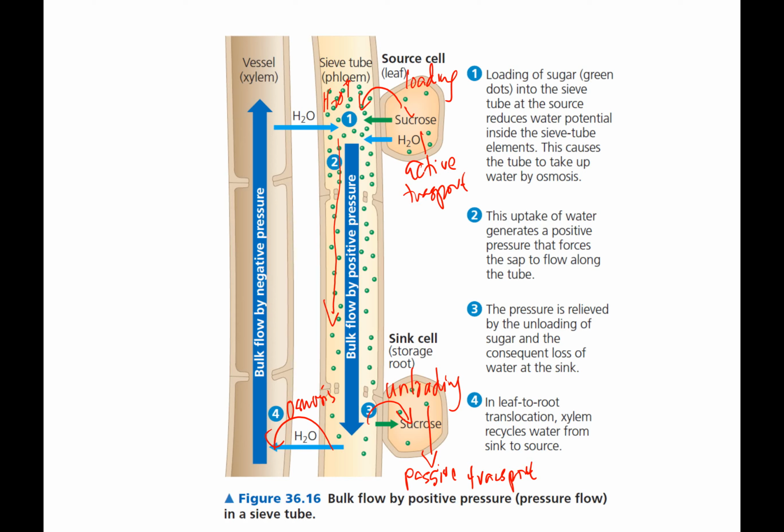At the same time, water from the sieve tube at the downside will diffuse back into the xylem by osmosis. So the process will repeat. This is what we call the pressure flow hypothesis occurring in phloem, to help the sucrose move throughout the plant cell.